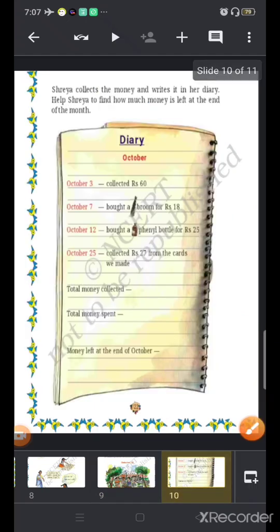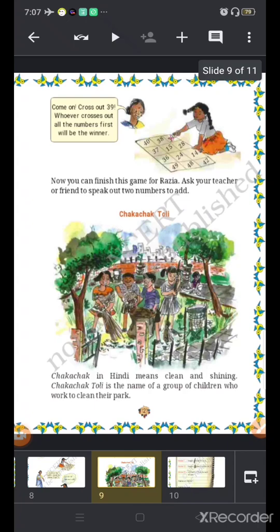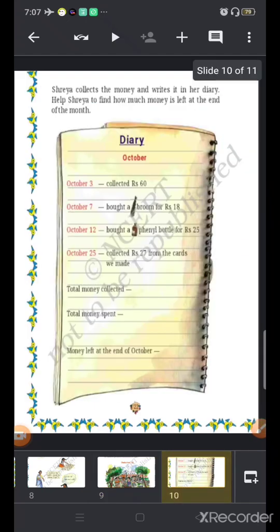So, here on page number 122, a question is given. Shreya collects the money and writes in her diary. Help Shreya to find how much money is left at the end of the month.